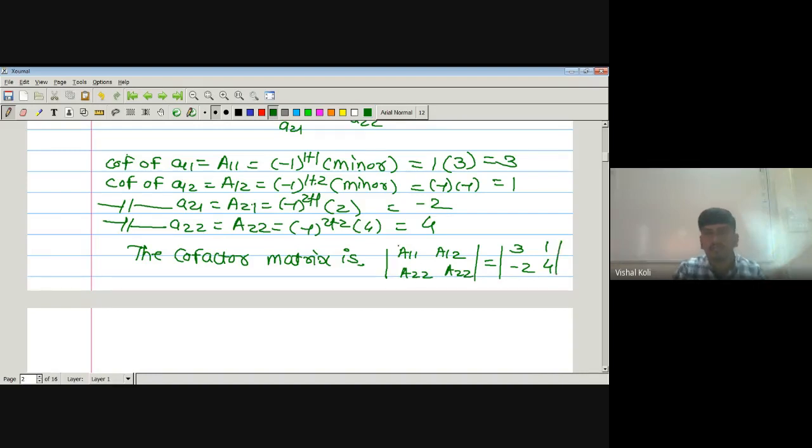Okay, so this will be the cofactor matrix of the given matrix, which is denoted by the symbol of the matrix.